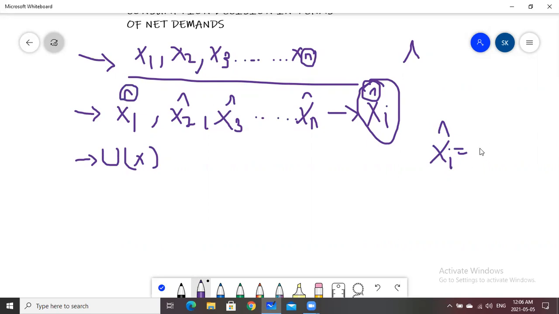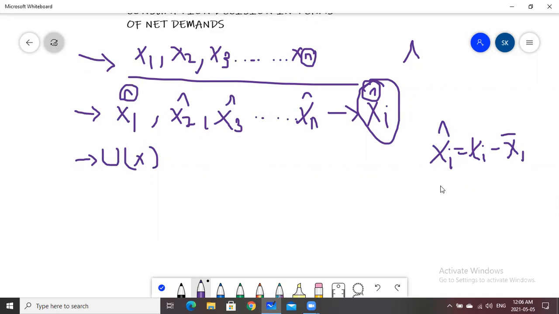So we will have a difference of two demand functions: one is xi and the other one is xi bar. As I told you, in order to understand this lecture completely, you should check my previous lecture on offer curves and net demand curves. So now we have xi hat equal to xi minus xi bar.